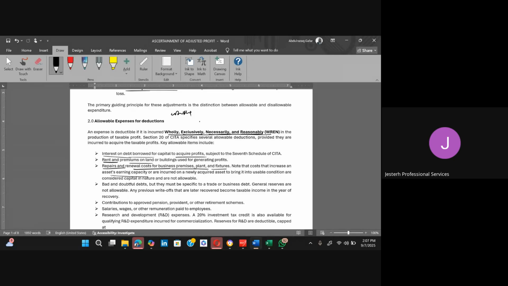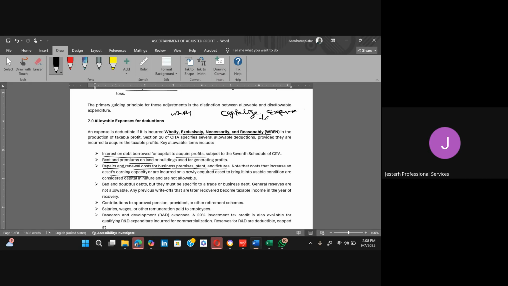What we are saying here is that under IAS 16, we have a situation whereby you can capitalize your expense, right? One of these expenses is one that increases the capacity of that asset, so it can be capitalized.